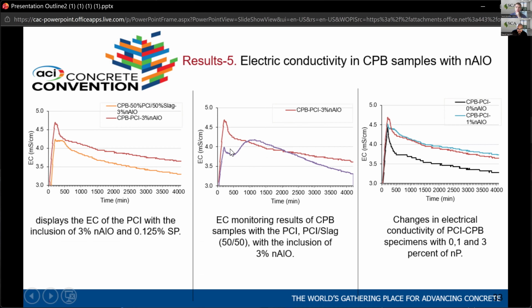I'm sorry, I didn't see that, but the purple one is with 50% of slag with 3% of nanoparticles, but the red one is only 3% of nanoparticles. The third one is comparing the aluminum oxide nanoparticles 1%, 0%, and 3%. The black is 0% nanoparticles. The blue is 1%, and the red is 3% of nanoparticles. Without slag, you see the more nanoparticles you have, the more electrical conductivity you have.